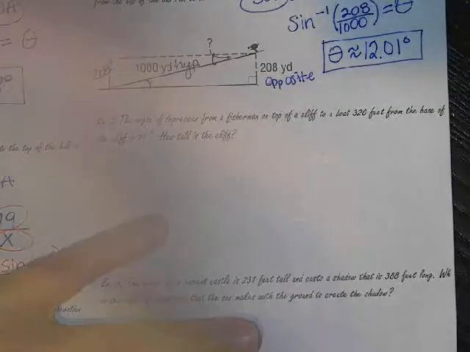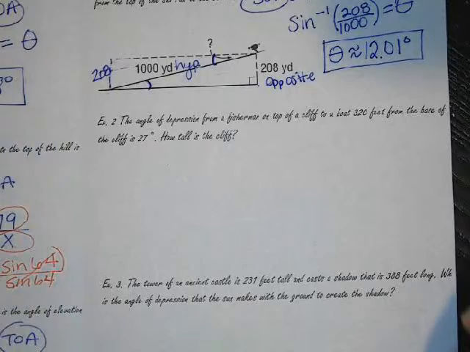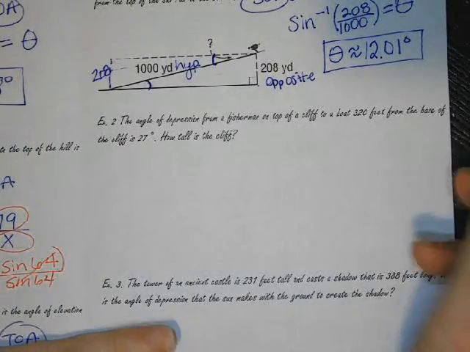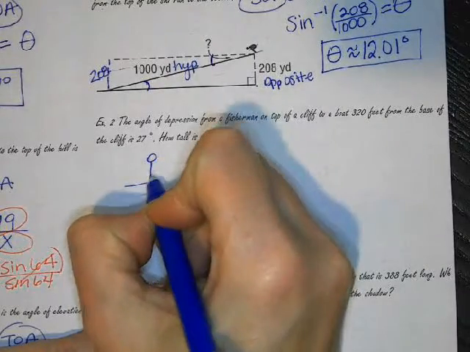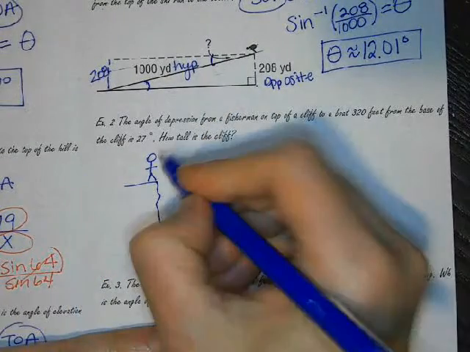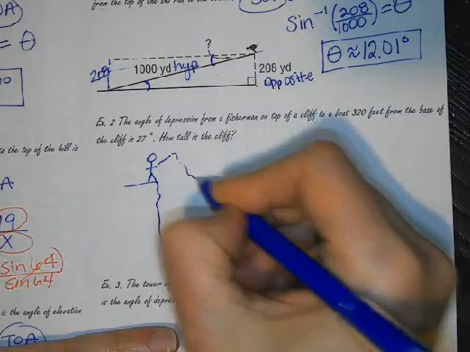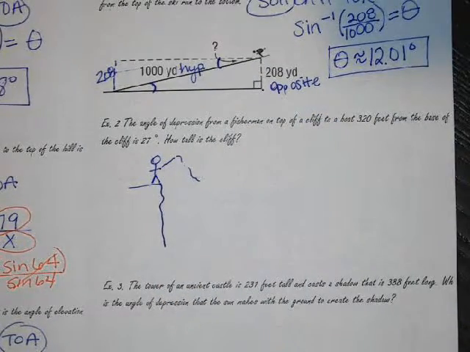All right. Number 2 says the angle of depression from a fisherman on top of a cliff. So let's draw our cliff. Here's our fisherman. Oh, he might have a fishing pole, right? Okay, there we go, with a line. There's the fisherman. He is, let's see, 320 feet from the base of the cliff.